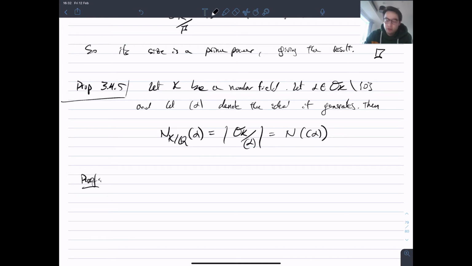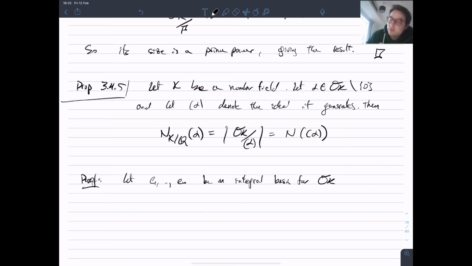Let me start with an integral basis of O_K. So let e_1 to e_n be an integral basis for O_K.